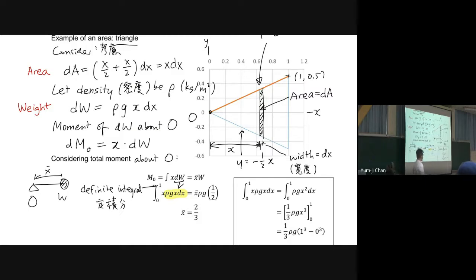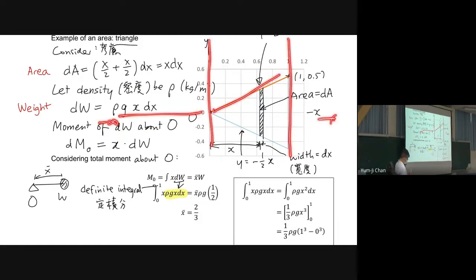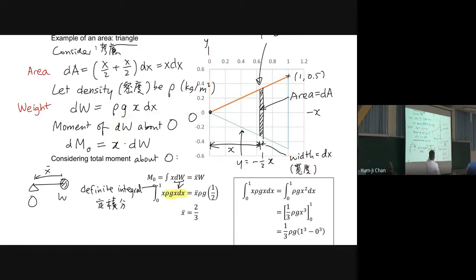And for dx here, because this is x, for doing the integration we are not doing from minus infinity to plus infinity. No, we are only doing our integration in this area, because the width of the whole triangle is only 1 unit, from x equal to 0 to x equal to 1.